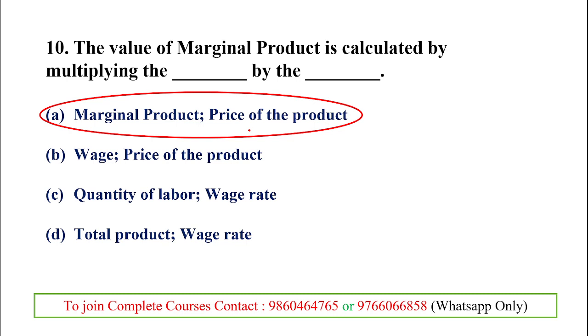If the price is higher than the marginal product, it causes a loss situation, and if the marginal product is higher than the price, it is a successful position, and the equality of both makes the firm's equilibrium. So the marginal product is calculated by multiplying the marginal product by the price of the product.